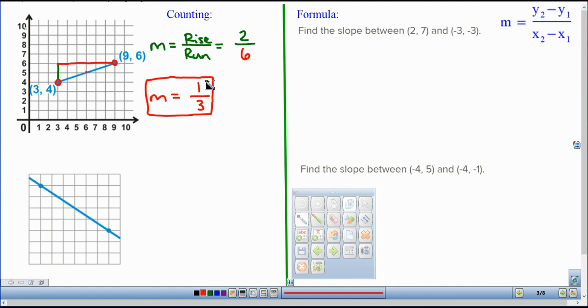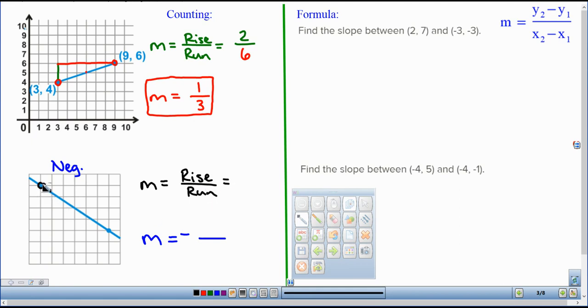That makes this have to be a positive number. Like looking at the next example, since this one's going down from left to right, this has to be a negative answer. So if you wanted to, you can go ahead and know that this fraction will be negative. Let's go ahead and find our rise and our run and see exactly what that slope is.